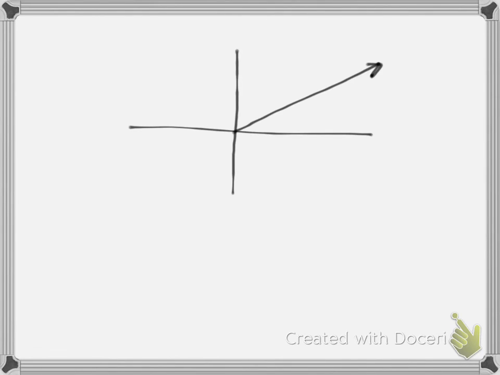Let's say this is the given angle here. So the given angle we're going to call theta, which is 30 degrees. So this is my given angle. Then my reference angle is going to be the angle the terminal side makes with the x-axis. And that's going to be the same angle, which is 30 degrees.